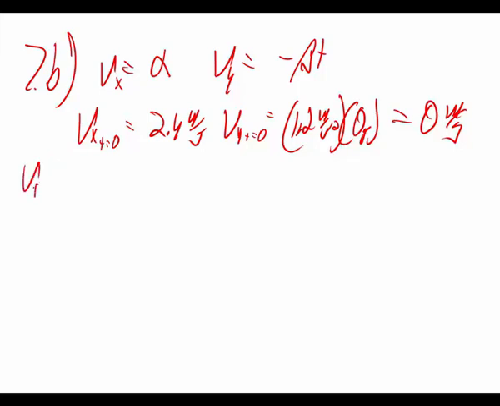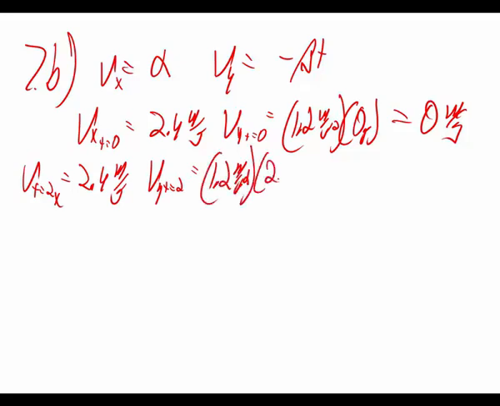Now, what is it at time 2 seconds? Well, look, it doesn't change here, does it? And that's X. And Vy at 2 seconds is what? 2 times 1.2 meters per second squared times 2 seconds. And what do we get? 2.4? Oops, negative 2.4.